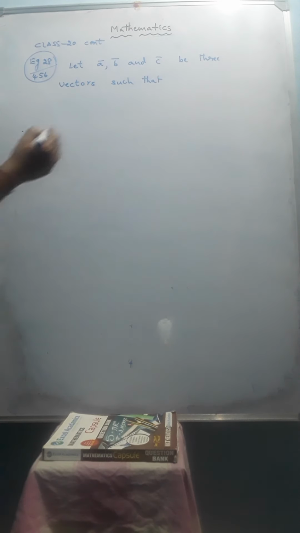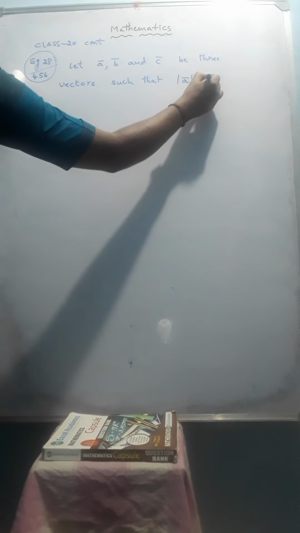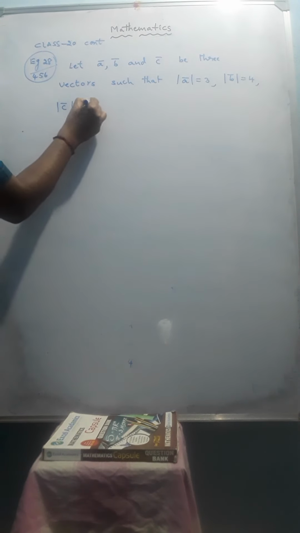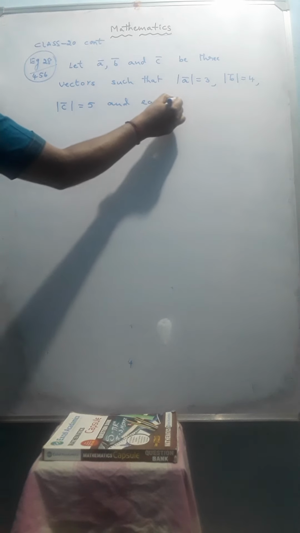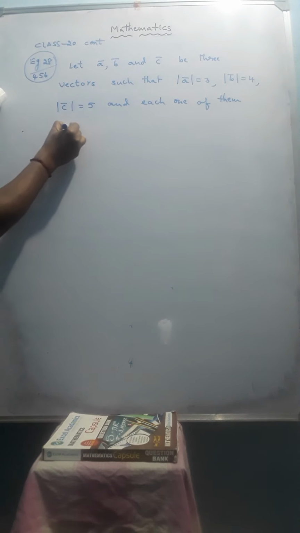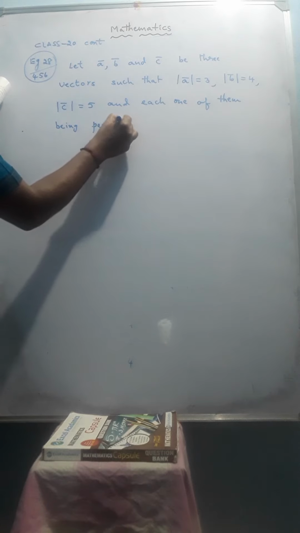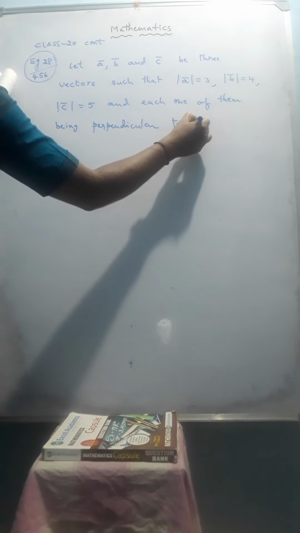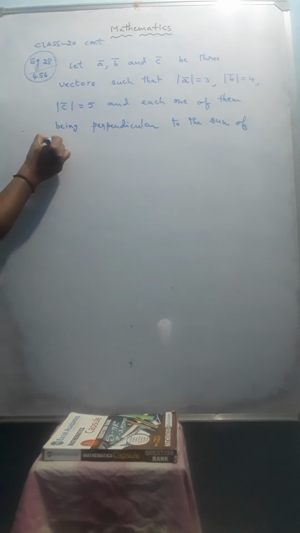Write down: let A vector, B vector and C vector be 3 vectors such that modulus A vector is equal to 3, modulus B vector is equal to 4, modulus C vector is equal to 5, and each one of them being perpendicular to the sum of the other two.